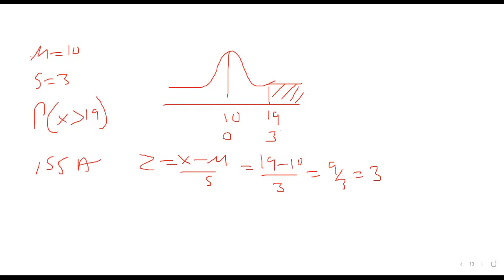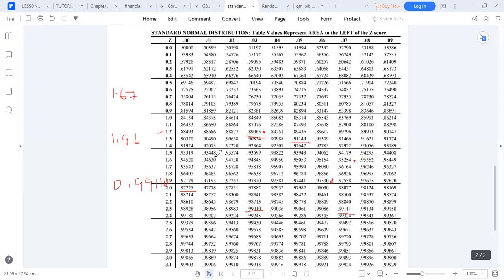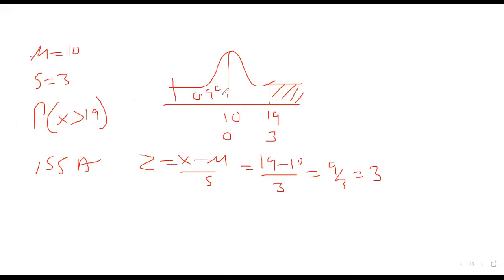So you check in the Z table, what is the reading at 3.0? 0.99865. So it means from here to here is 0.99865. So how do we then find the shaded region? We subtract. So this would be 0.00135. So you need to understand the concept, when to subtract, when to read directly. That's where most people have an issue.